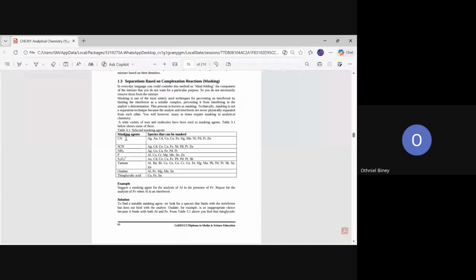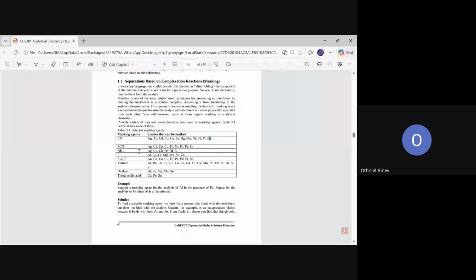So assuming you are supposed to separate iron from zinc, you have to find a masking agent which would be suitable to mask either the iron or the zinc. That's what we are saying. If you take this as the masking agent, you can see it can mask both iron, which is here, and zinc, which is here.